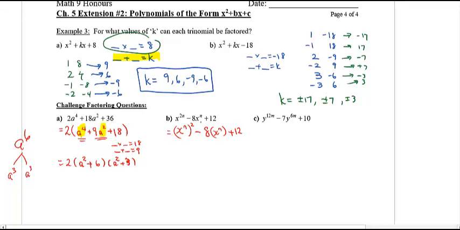This is kind of like the same as before. Maybe to make it even nicer, I'll make a substitution, and then it'll look like something you're more familiar with. Yeah, look at that. It's the same form. So go ahead now. Find two numbers that multiply to 12, and those same two numbers add to negative 8.